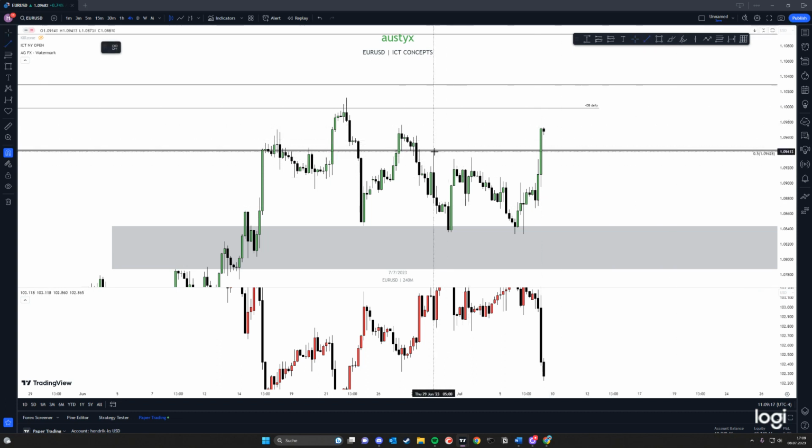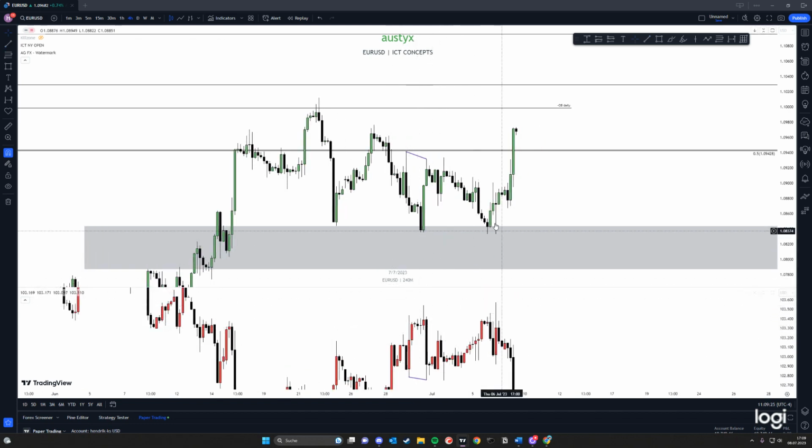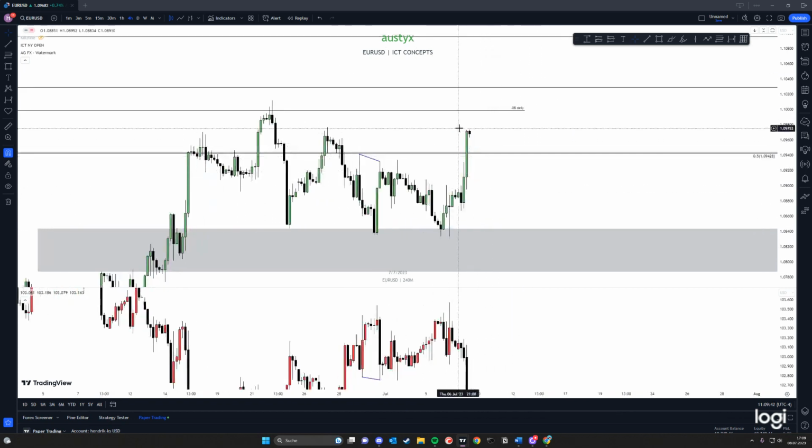It has been here, and we violated it. Okay, so our SMT was violated after we broke down below and actually cleared this low. The reaction was pretty massive. You can see that we did not have much price action below the low, which also indicates that we are bullish, just like the speed and the momentum did.